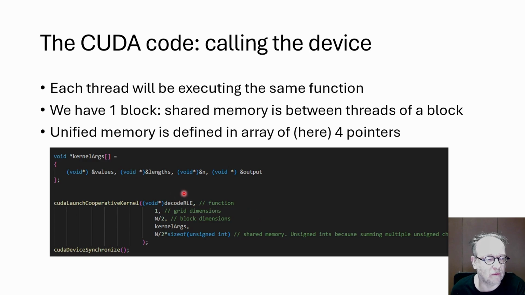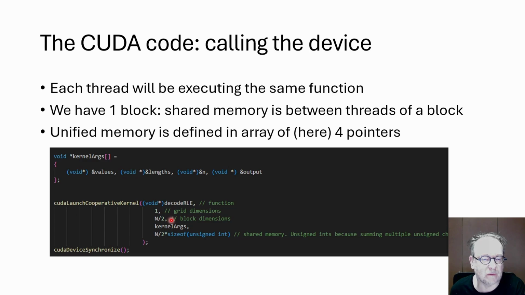Here that function is called Decode RLE, and we launch a number of threads being half of the number of sequences. We only use one block, and there is good reason for that, because shared memory is only shared within a block of threads. So we only use one block of this amount of threads.